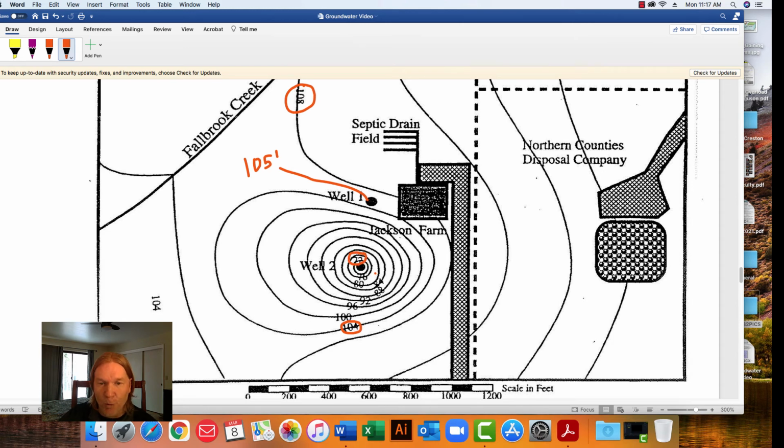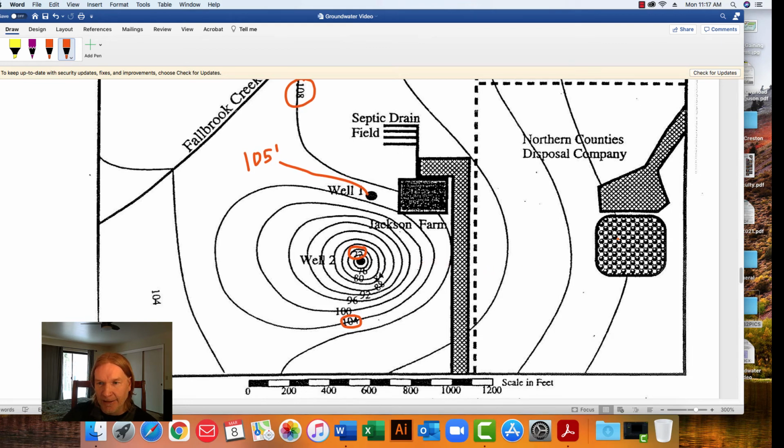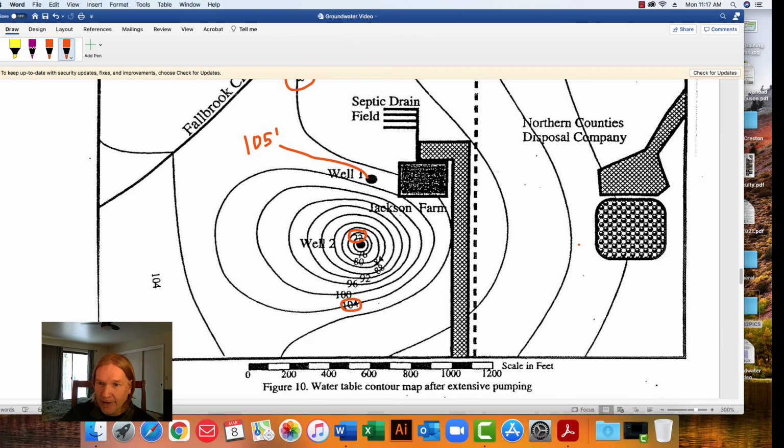So it's way down from what it used to be. So let's look at how that affected this toxic waste dump over here and the septic drain field. Again, I'm going to draw lines or flow lines perpendicular to the contour lines, and look what's going to happen. It's just going to go straight into well number 2.